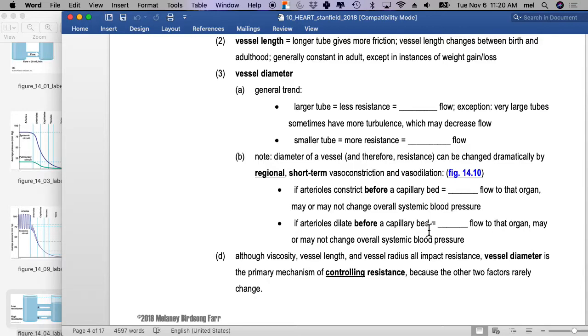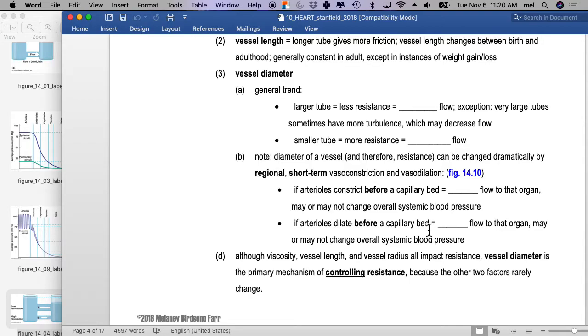If arterioles constrict before a capillary bed, what does that do to flow to that organ? It decreases, because it increased resistance, yes? And then decreased flow. But if arterioles dilate before a capillary bed, it increases flow to that organ. Why? Because it decreased resistance and therefore increased flow, right?